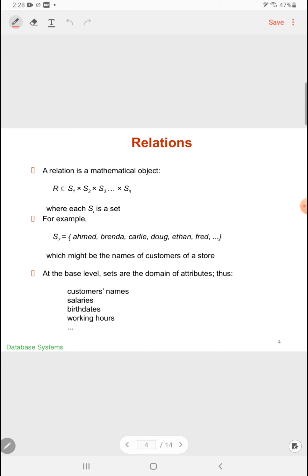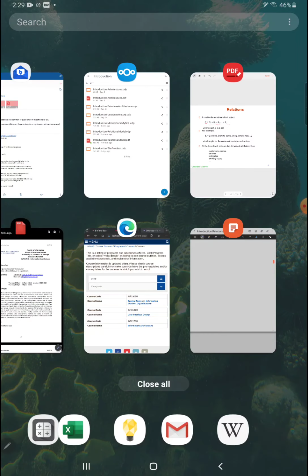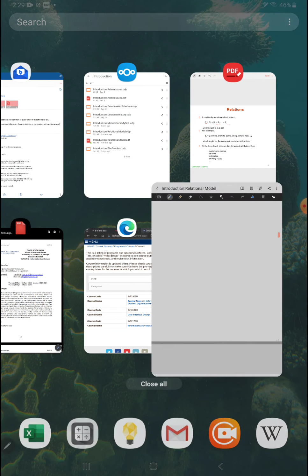Okay, so brief review. What is a relation? A relation is a mathematical object, R. It is a subset of the cross product of a number of sets. The number of sets determines how big the size of the tuples are.